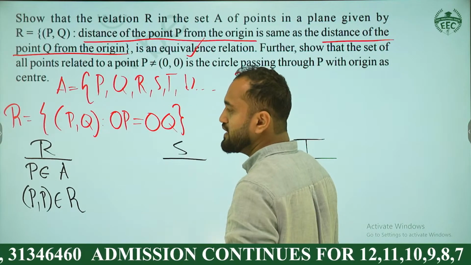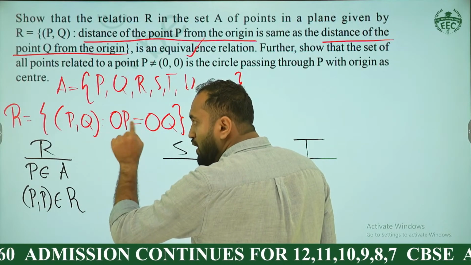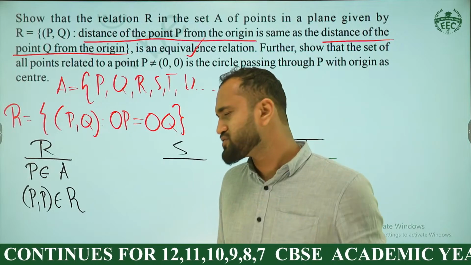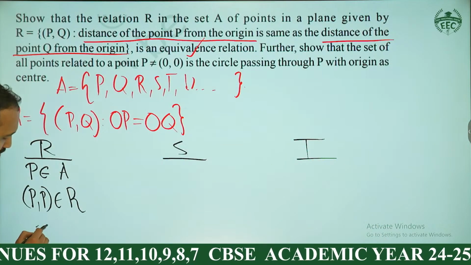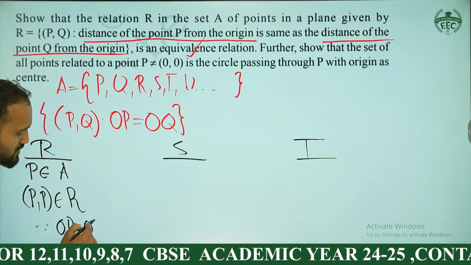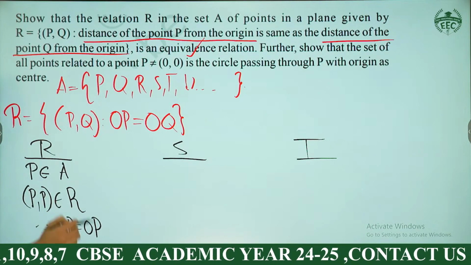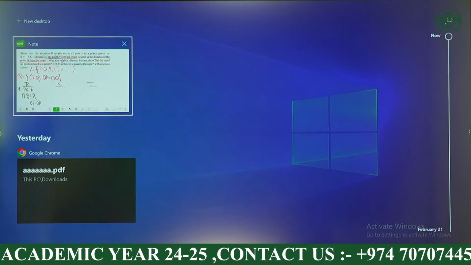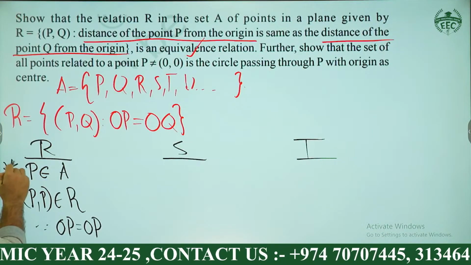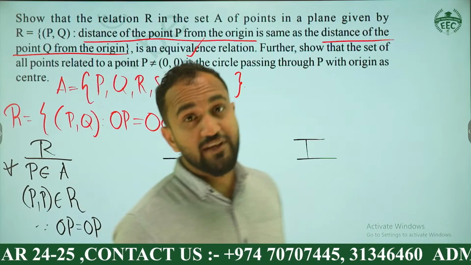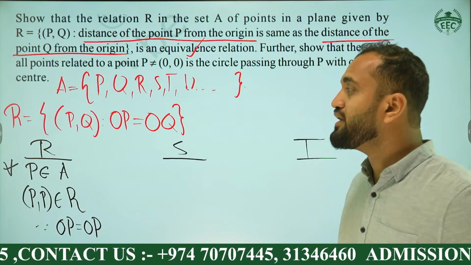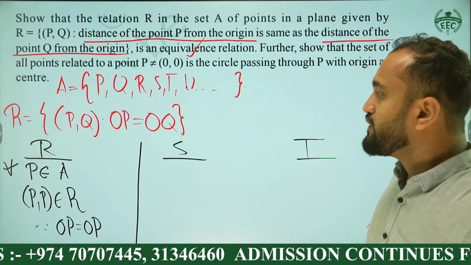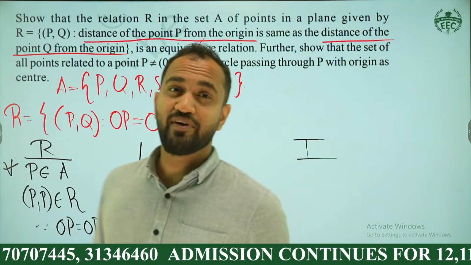Then P comma P means OP is equal to OP, and obviously OP is always equal to OP. Since OP is equal to OP, P comma P belongs to R. So for every P belonging to set A, the reflexive pair P comma P will always be there in the relation, and hence the relation is always reflexive. Now tell me, what is the criteria for symmetricity?